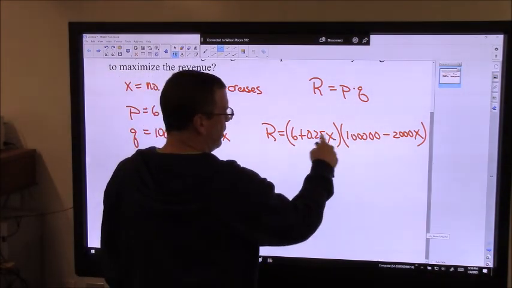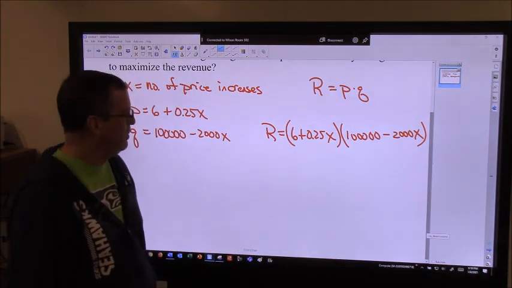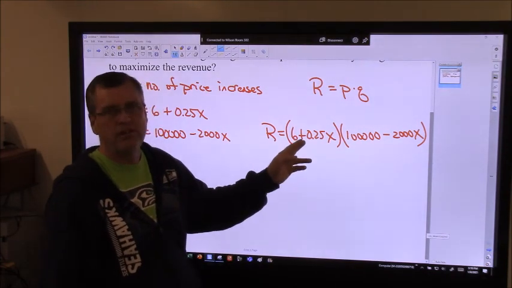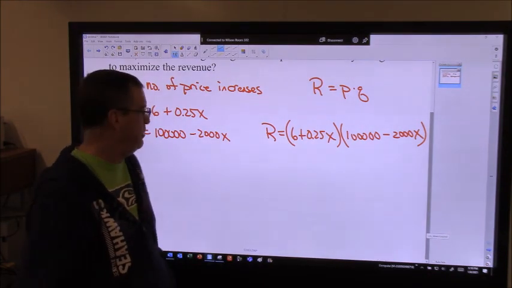I think first I want to make this equation easy to work with. You know, I could do a product rule here, but why not just FOIL it and make it easy?